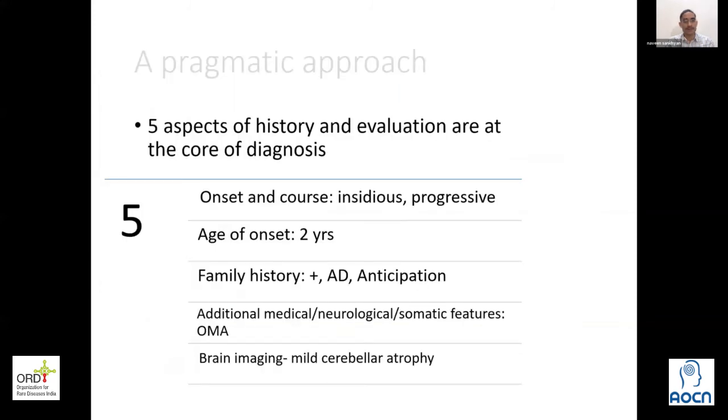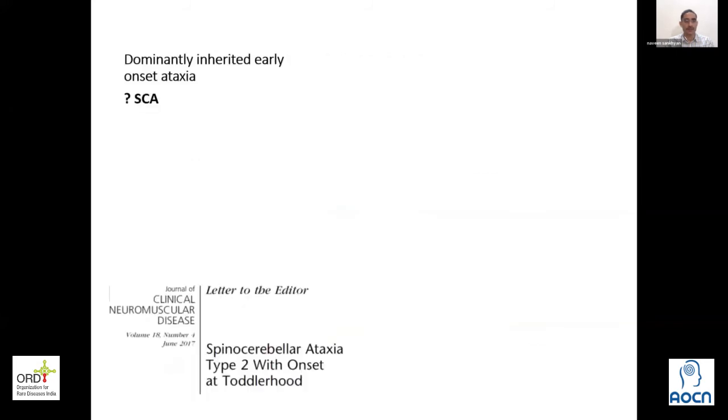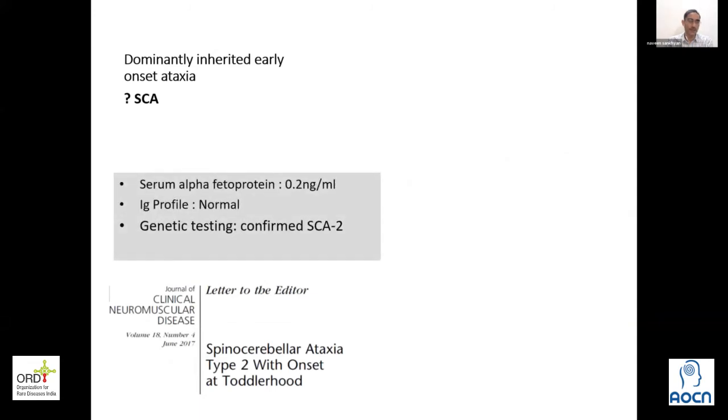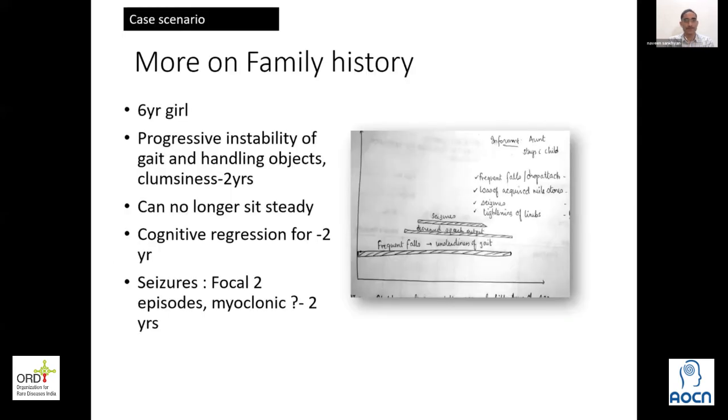Just summarizing, onset 2 years, autosomal dominant possible with anticipation, had ataxia with oculomotor apraxia and mild cerebellar atrophy. So we thought of a dominantly inherited early onset ataxia, though this is uncommon, but this is what this patient had. Her profile for ataxia telangiectasia was negative, and genetic testing confirmed the presence of SCA2 in this child.